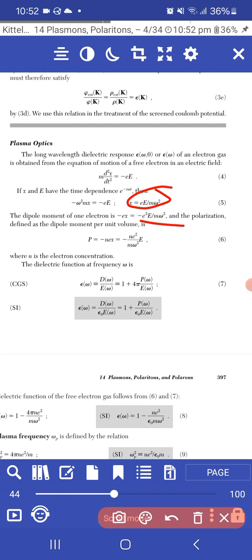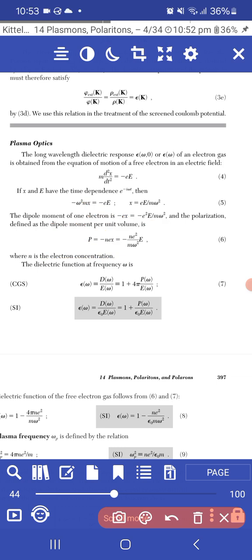And the polarization is defined as the dipole moment per unit volume, so it is n e x, where n is the electron concentration. This was for one electron, multiplied by concentration because of the volume.